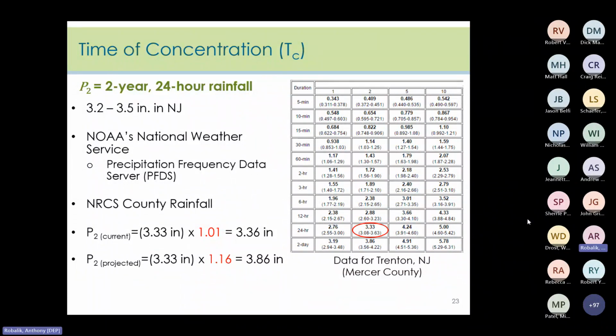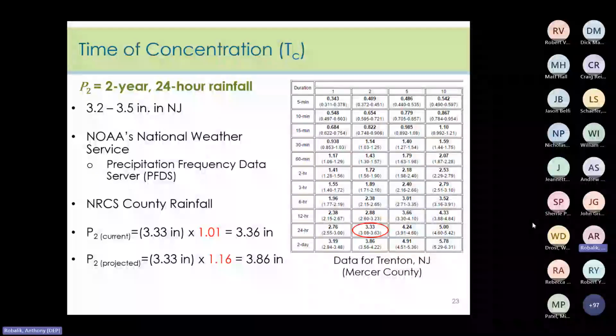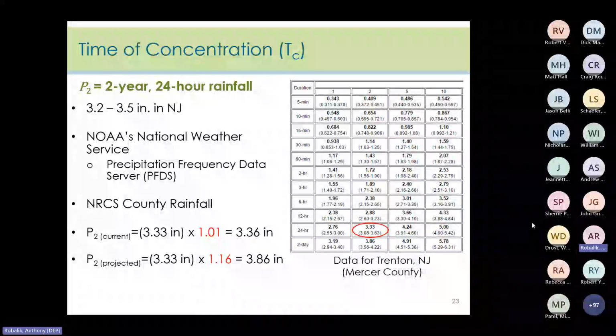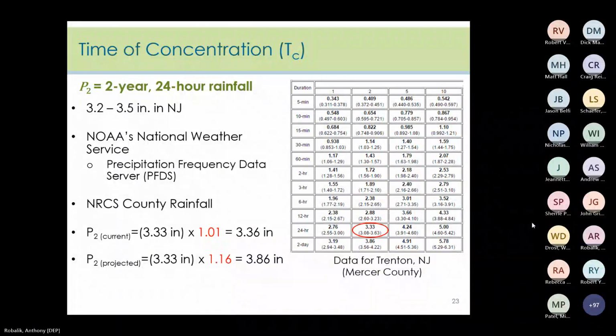So when calculating the travel time for current storm events, use the precipitation depth for the current 2-year storm, which, as Peter noted in Module 1, is calculated by multiplying either the NOAA precipitation frequency data server rainfall depth or the county rainfall data for the 2-year storm by the current precipitation adjustment factor for the 2-year design storm.